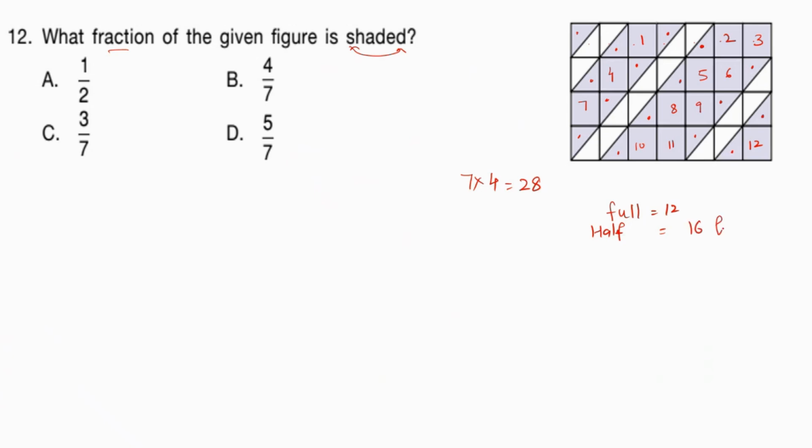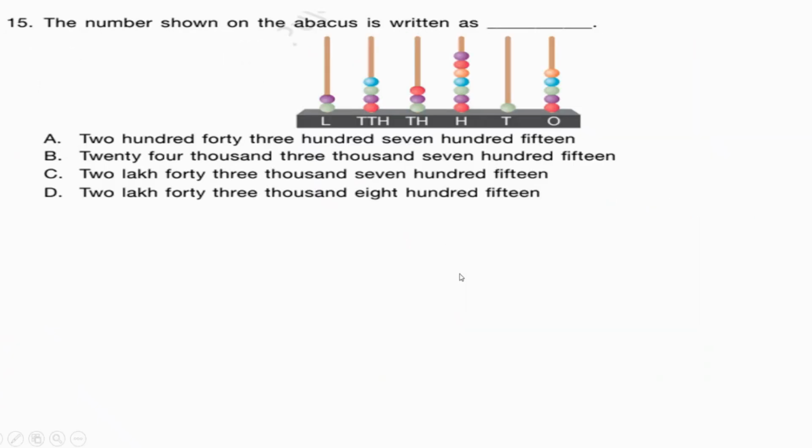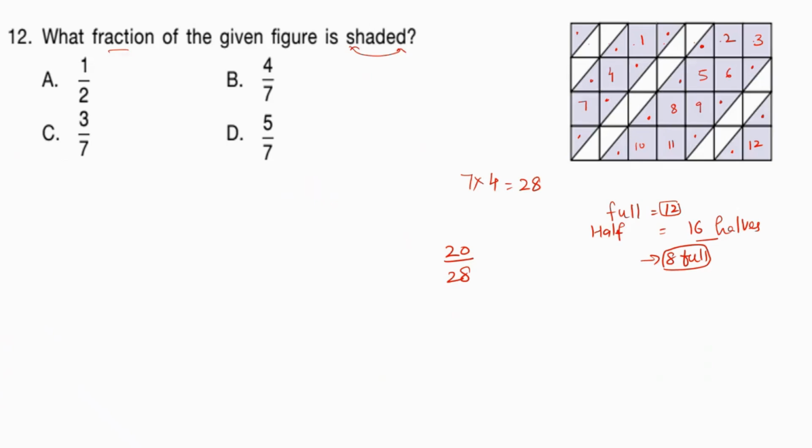So it means 16 halves are there. 16 halves will make 8 full squares, right? So 8 full and 12 full. The total number of shaded squares is 20 out of 28, right? So that will be 20 by 28. But this 20 by 28 is not in the options. So what can I do?